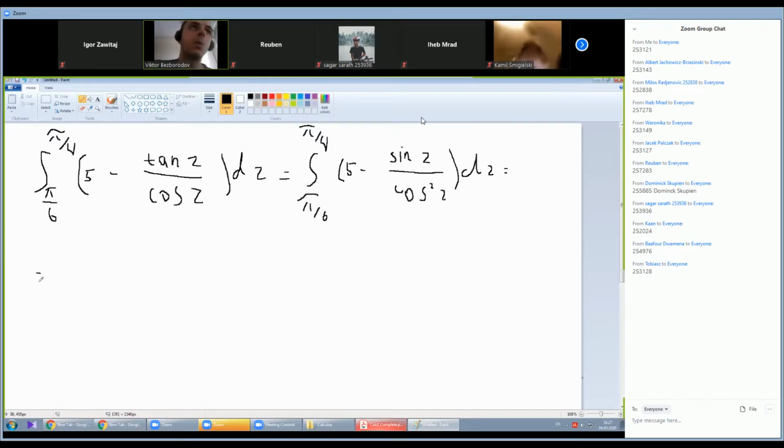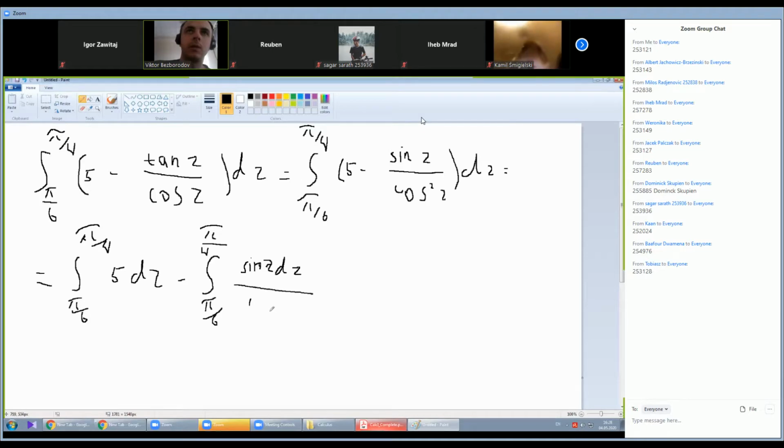Now we can put this 5 outside, right? So the integral from pi over 6 to pi over 4 of 5 dz, minus the integral with the same limits of sine z dz divided by cosine squared.